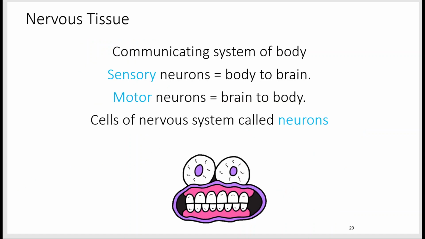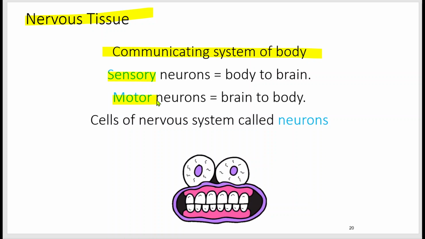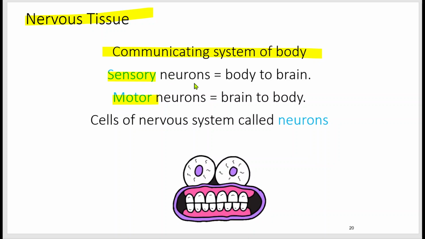Okay. The last type of the tissues that we have is the nervous tissue. Definitely it's the communication system of the body. So we have technically two main types of the nerves. We have sensory and we have motor. So the sensory are the nerves that actually make us feel things. So it goes from the body to the brain. So technically, if you touch something hot, the nerve endings on your finger are sensory because they're actually relaying that hotness to your brain.